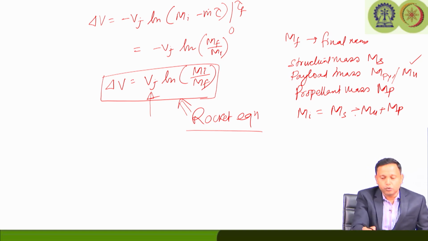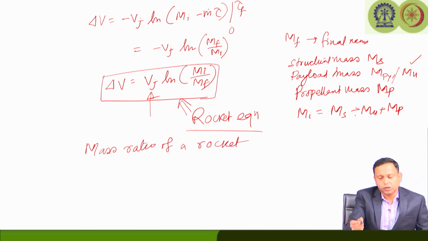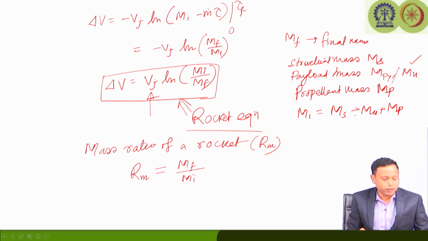Now, one parameter we can recall from the rocket propulsion course is the mass ratio of a rocket, which in common literature is used as Rm or maybe some other variable. We are just denoting it as Rm, the mass ratio. Mass ratio is defined as the final mass of the rocket by the initial mass of the rocket.